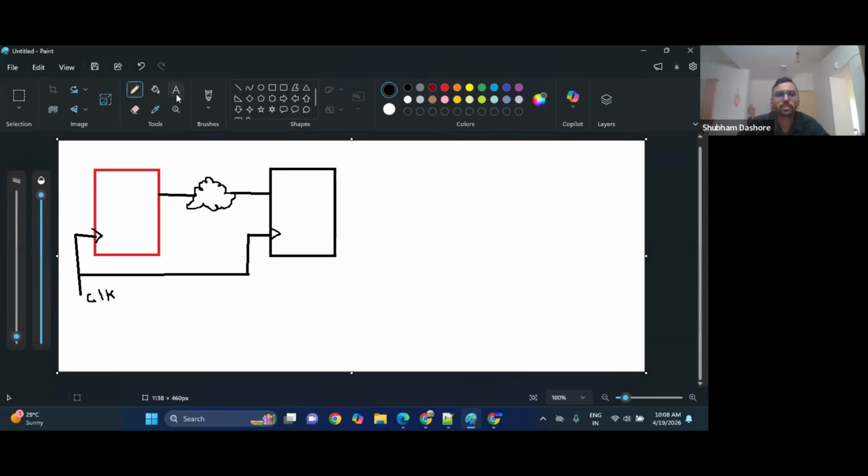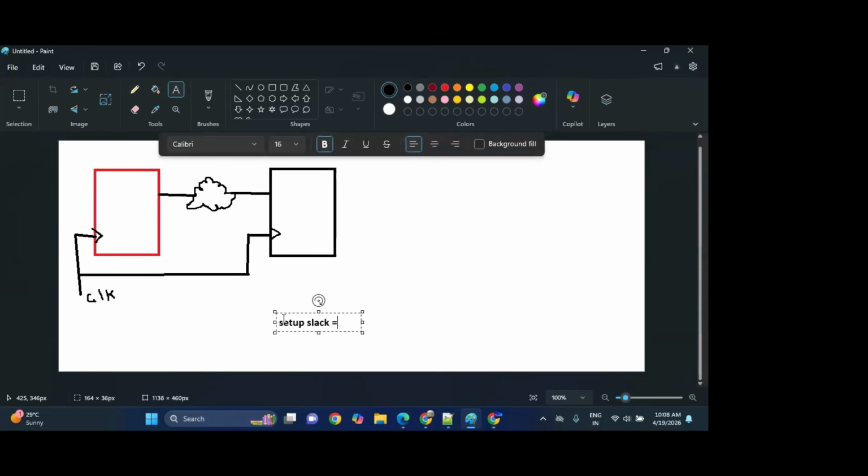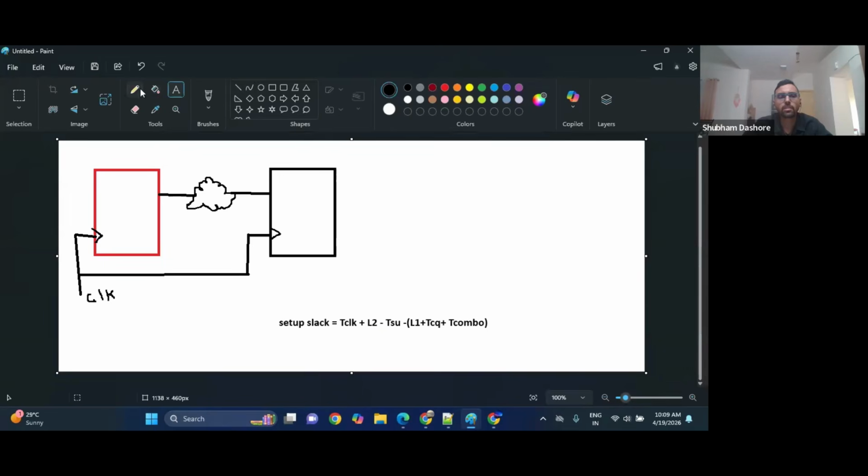Let's say this is the setup slack. Now, if we look at T combo, there is some VT in this combo logic, so the cell we used in the combo logic has a VT. If setup slack is failing, it means the setup slack is negative, right? So how can we improve this?